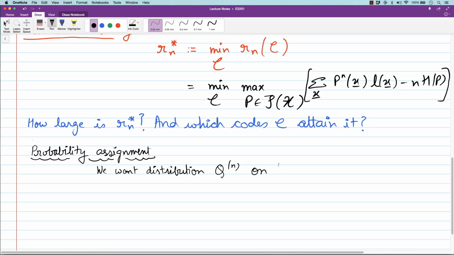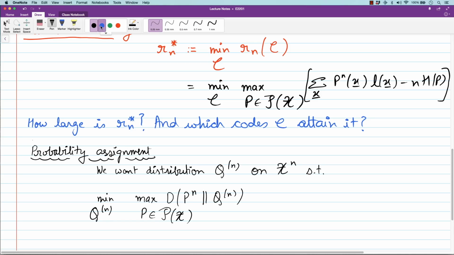So this is some distribution on X^n, the n-fold product of the original alphabet, such that when you look at this divergence between Pn, the IID distribution, and this Qn, and look at the furthest guy from this Qn, max over P, where P is a distribution from the probability simplex on X, and then minimize over all possible Qn.